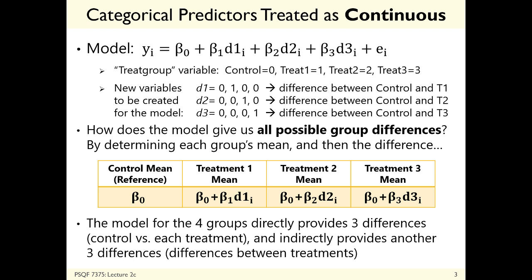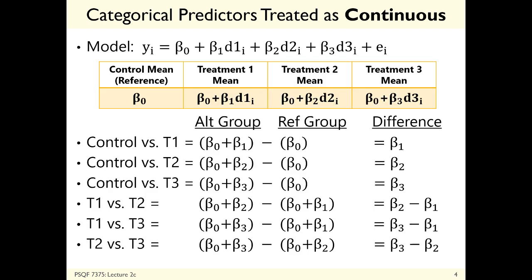There's 3 more that are implied by the model that are not given unless you know how to ask for them. So the 3 that are missing are the comparisons between the treatment groups, between the non-reference groups. And how to get those is shown in the last 3 lines of this slide number 4 here.